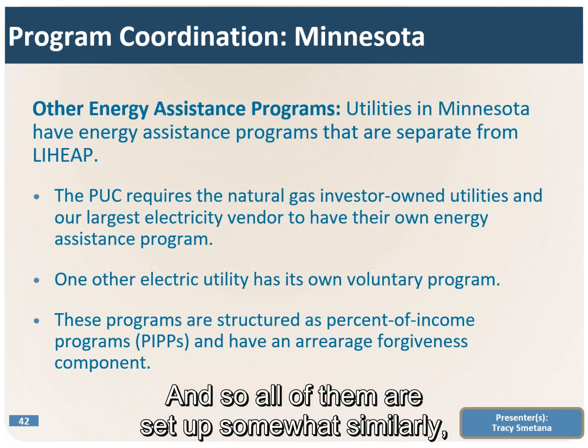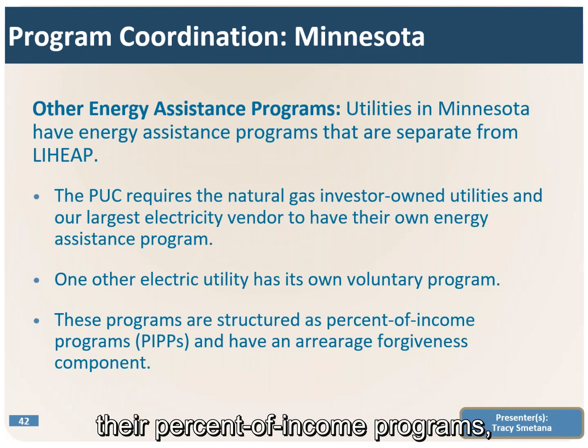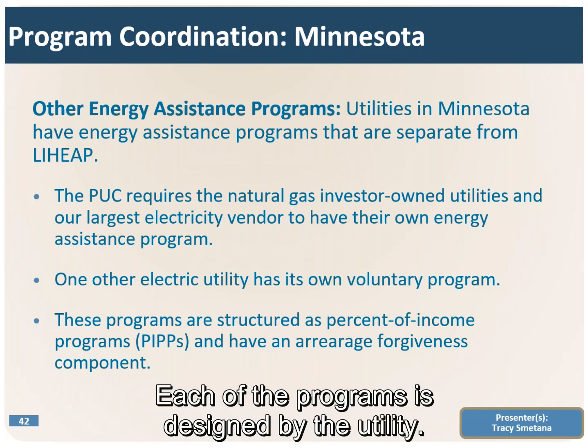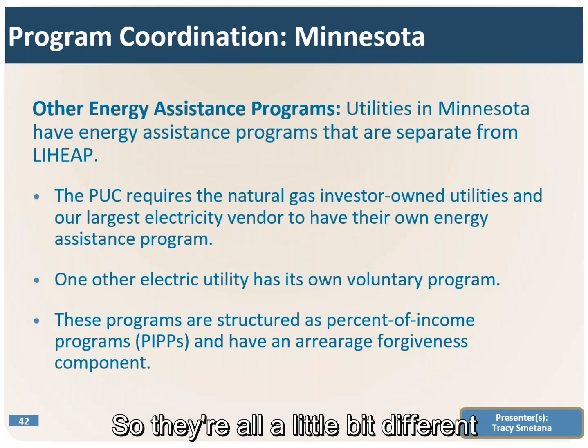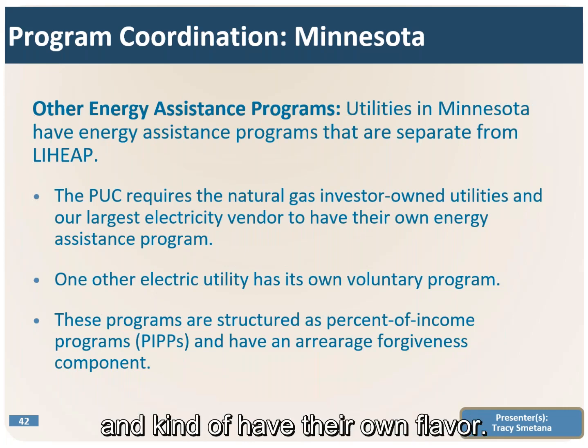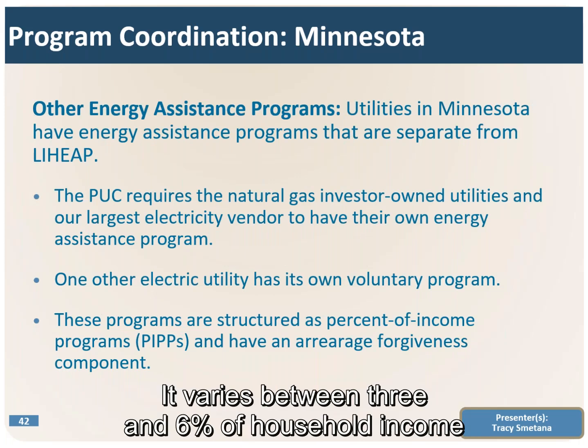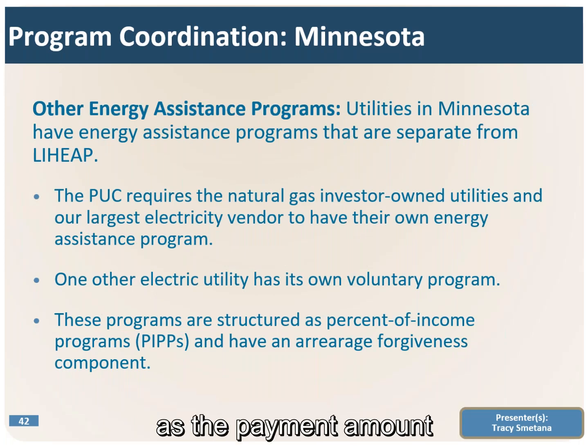And so all of them are set up somewhat similarly. They're percent of income programs and also have an arrearage forgiveness component. Each of the programs is designed by the utility, so they're all a little bit different and kind of have their own flavor. For example, the percent of income requirement is different. It varies between 3 and 6% of household income as the payment amount.